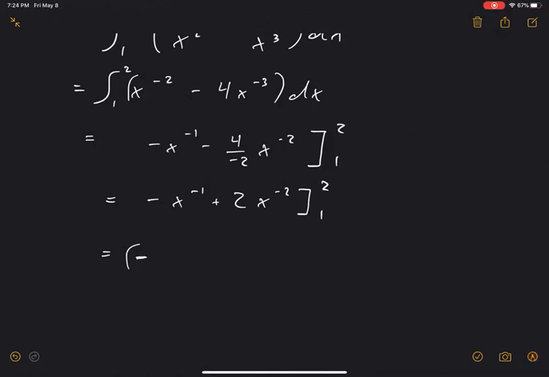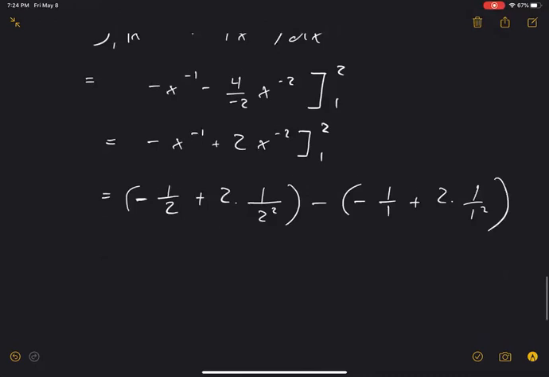I got my negative sign here, then I got 2 to the power of negative 1, so that'd be 1 over 2, plus 2 times 1 over 2 squared, minus negative 1 over 1, plus 2 times 1 over 1 squared. Okay, simplifying.